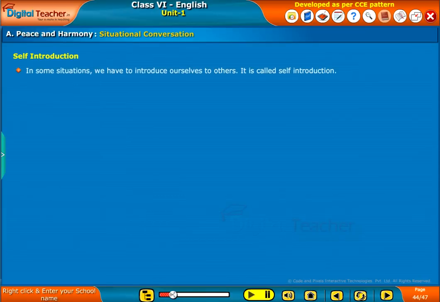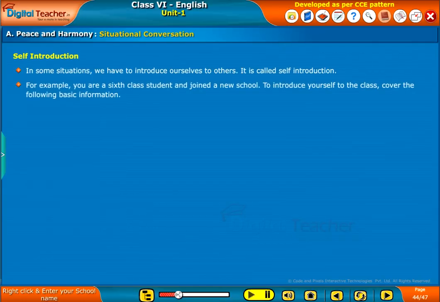Self-introduction. In some situations, we have to introduce ourselves to others. It is called self-introduction. For example, you are a 6th class student and joined a new school.